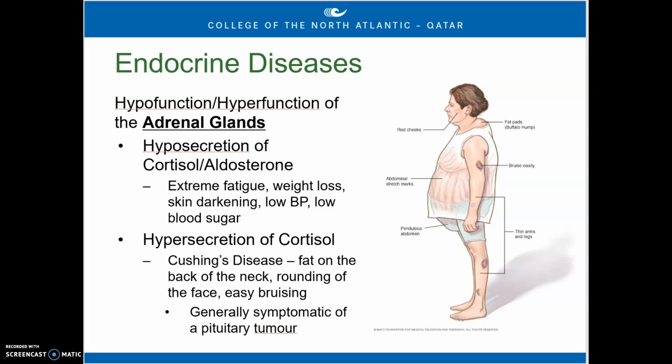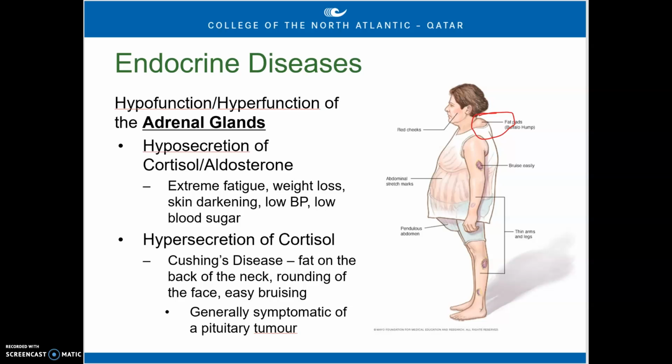If we get hypersecretion, and this is when we end up with extra cortisol in our blood, then we develop Cushing's disease. And Cushing's disease is quite often characterized by a person having a buildup of fat on the back of their neck, right here. So a fat pad will build up right there, and it's indicative of Cushing's disease.